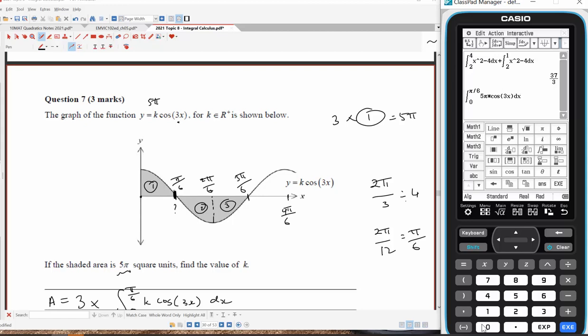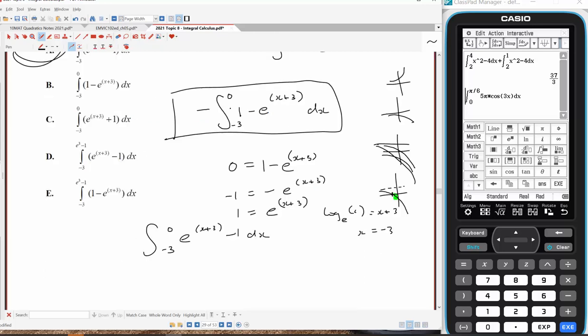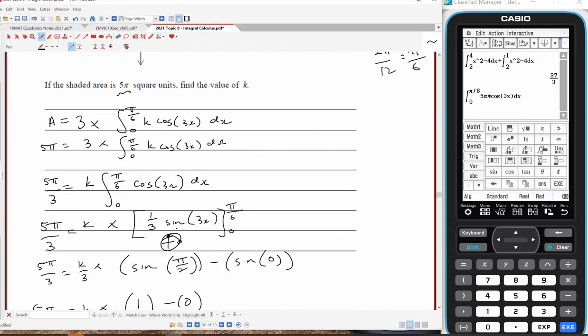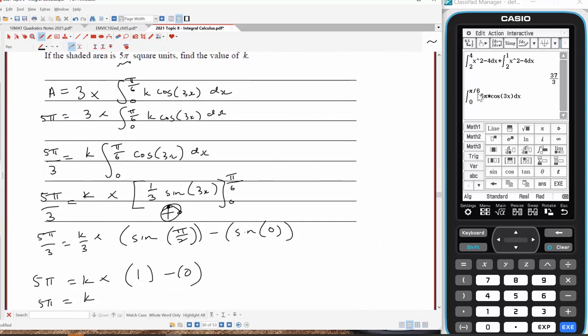Now what that will do is give us this area here, and when I multiply that by 3, I should get 5 pi as an answer, and I do.